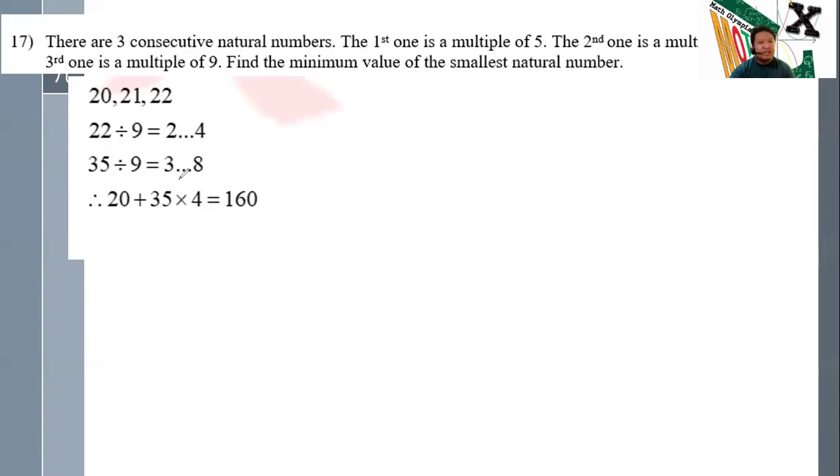And for the case of 35, because we wanted to have it at 9, the remainder is actually 8. That's 3 remainder 8.